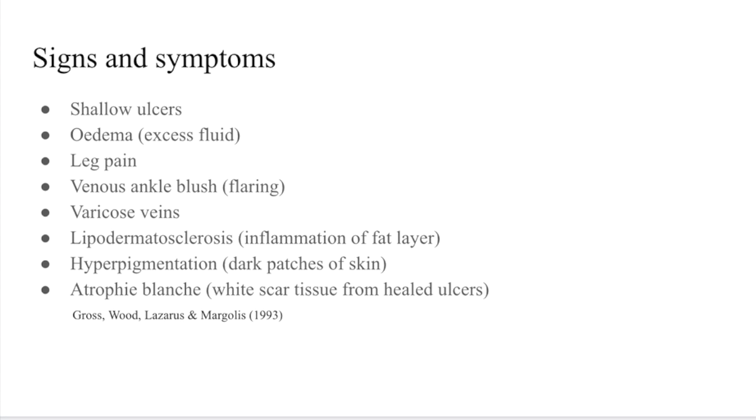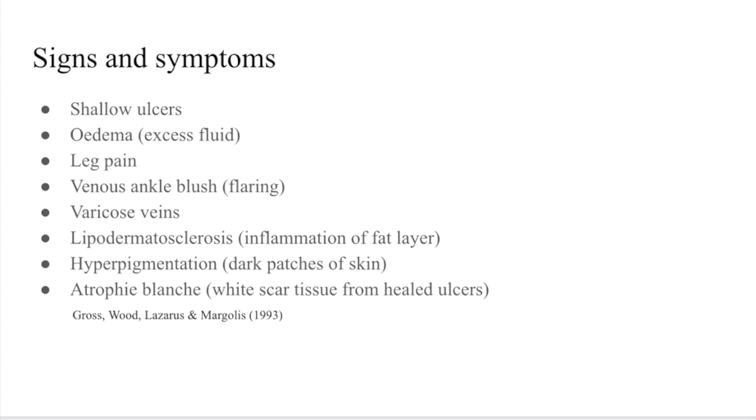Signs and symptoms of venous ulcers can include the following: shallow ulcers, which may have fewer of the other signs and symptoms than deeper ones. Edema, which involves excess fluid in the tissues and vessels, typically in the lower limb. Leg pain is a symptom that can occur due to neuronal damage as a result of venous ulcers.